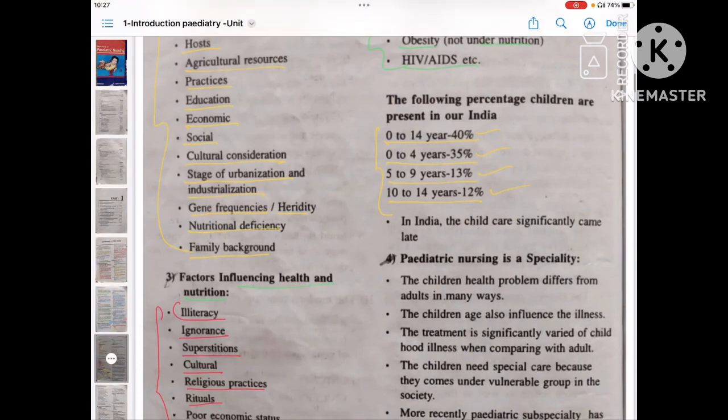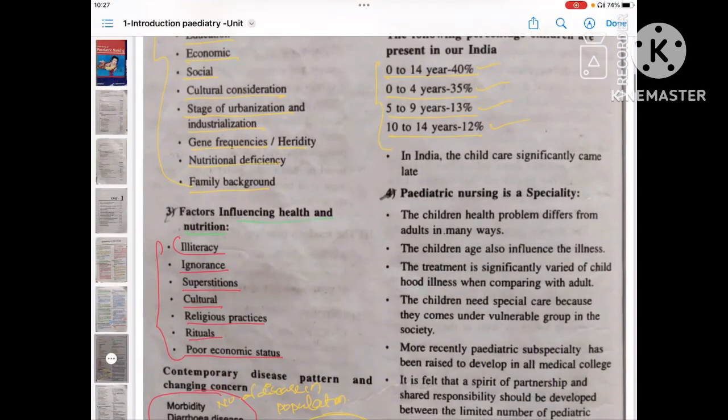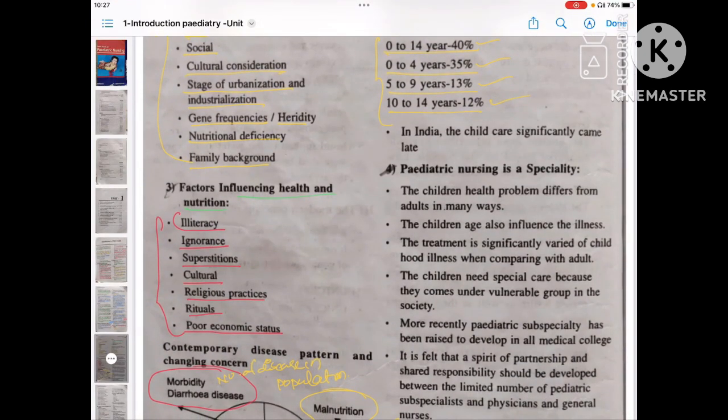And next we'll move to pediatric nursing as a specialty. Pediatric nursing is very important. Pediatric nursing is a specialty.